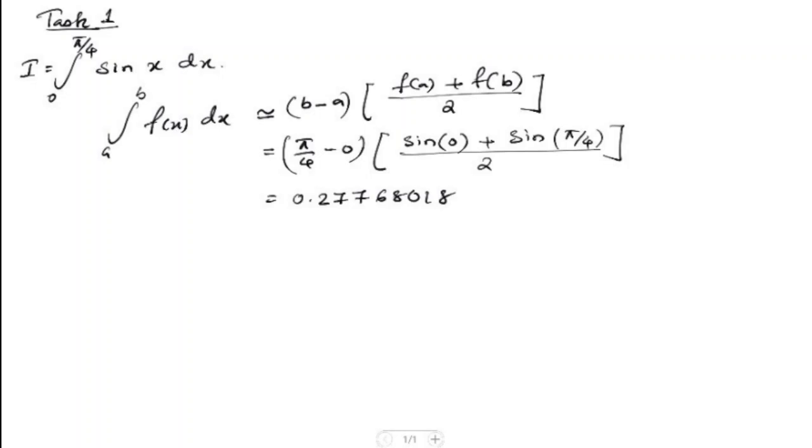And now we will work on the second part, which is to find the trapezoidal error bound. For the trapezoidal error bound, the absolute value is the absolute of minus 1 over 12, b minus a cubed, f second derivative of alpha.